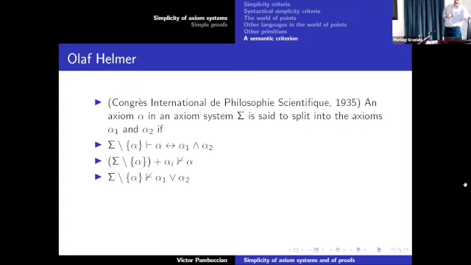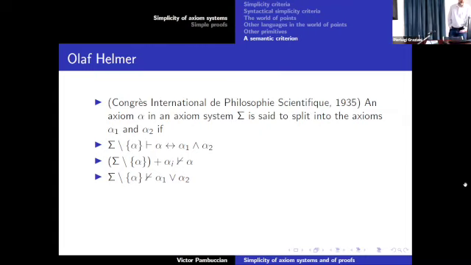Then everything is true here. But the last one is not true. Because if alpha 2 means alpha 1 implies alpha, then the last line would be alpha 1 or (alpha 1 implies alpha), that is, alpha 1 or not alpha 1 or alpha. And that is logically valid. So it's surely going to be true in it.